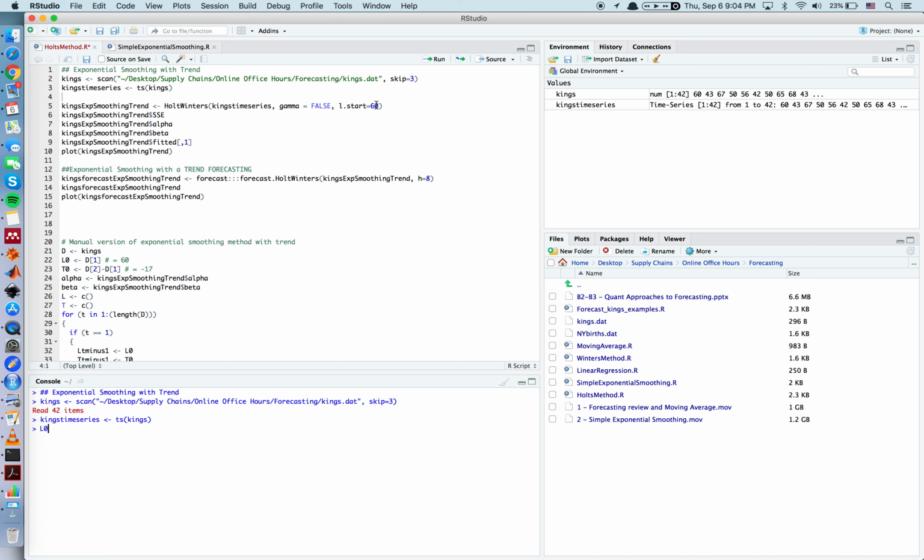In this case, you're forcing the level to be 60, which is just your first demand, and it will use as the initial estimate of the trend the quantity d2 minus d1, which makes sense.